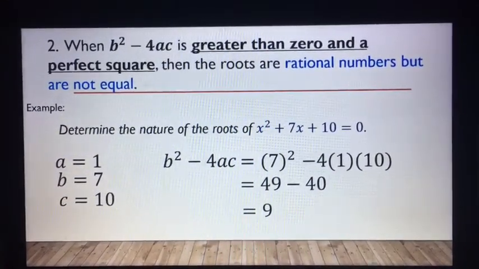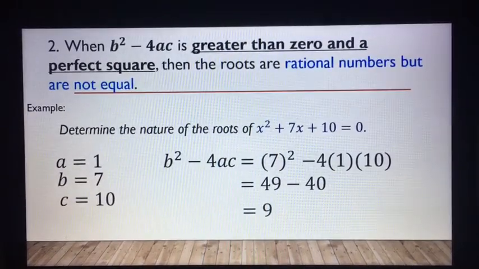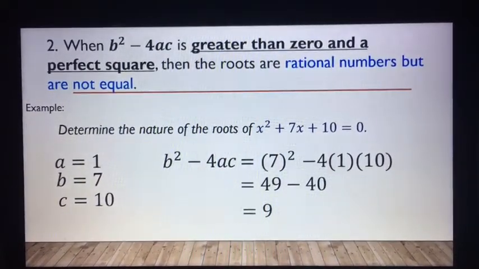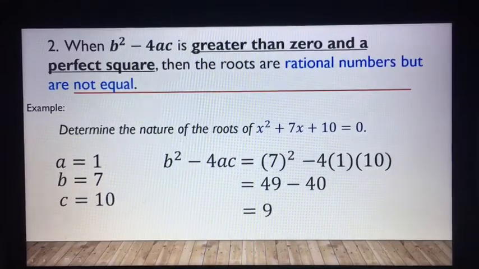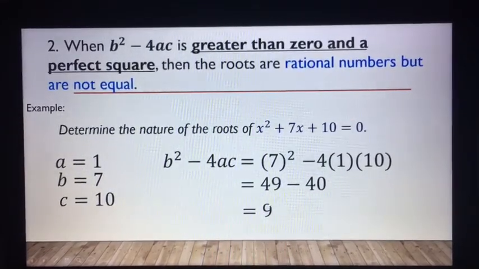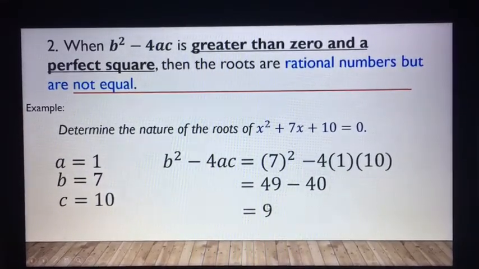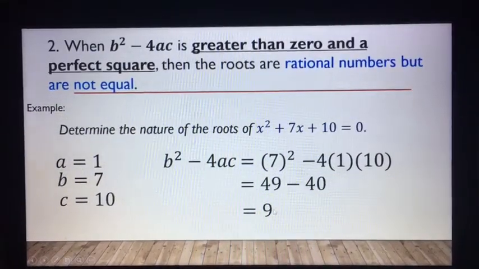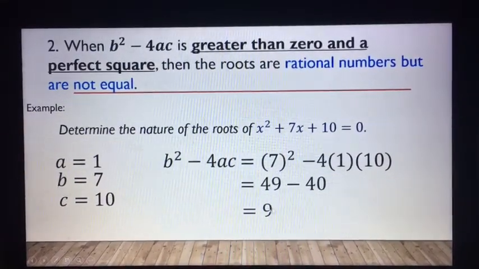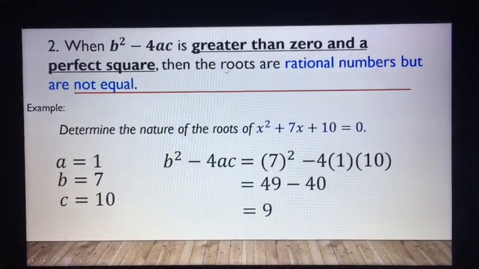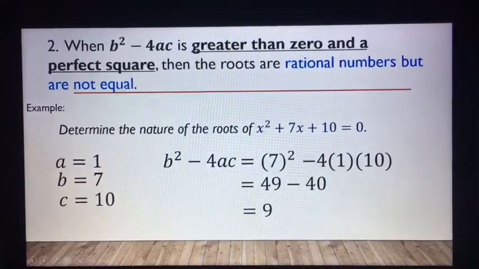Another is 25 dahil meron siyang factors na 5 times 5. Okay? So, yun po ang perfect square. So, kung greater than 0 and perfect square, ano ang magiging roots niya? Ang roots niya are rational numbers pero hindi equal.